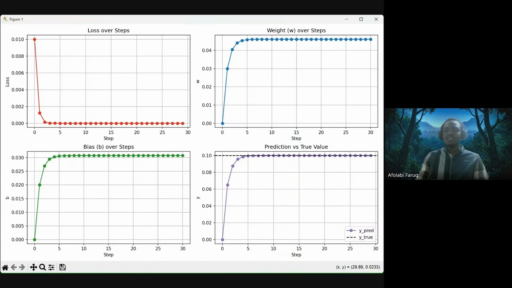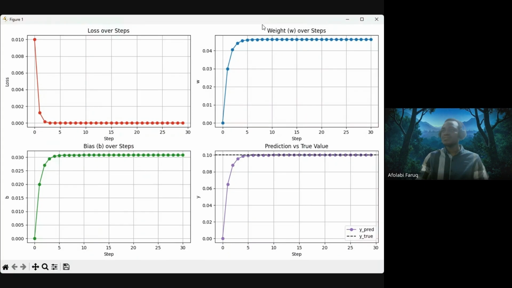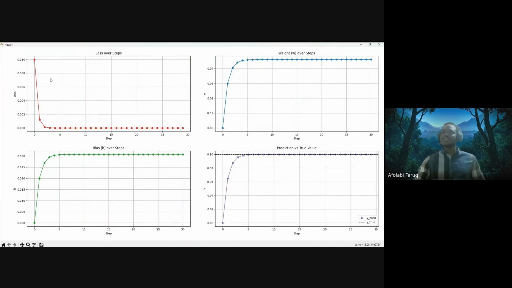Right, so here we can see this very interesting graph. You can see the loss over time, which I've shown you earlier, and the weight over step. You can see how the weight increased; we started from 0, randomly initializing our weight, up until what we got here. And then we're also able to get our bias significantly increased from 0. And then this prediction versus truth plot.